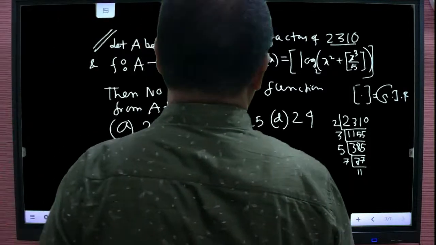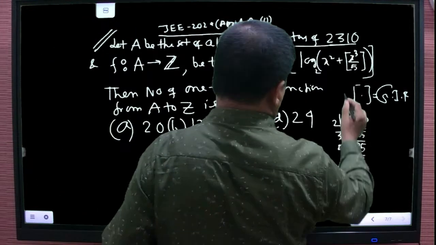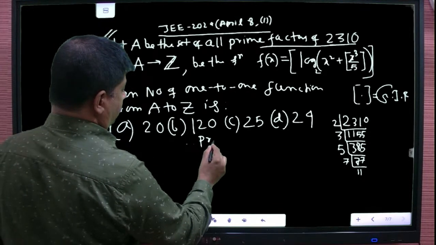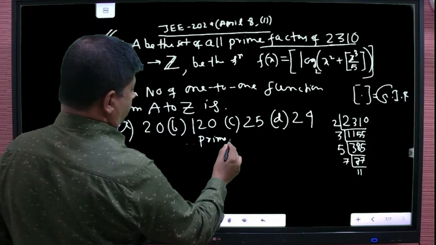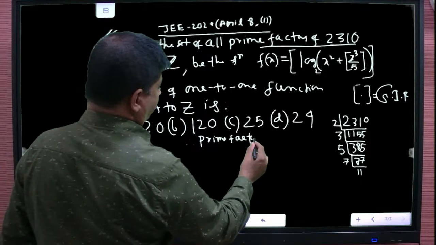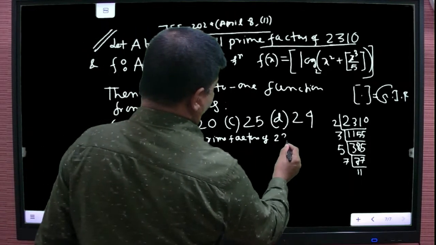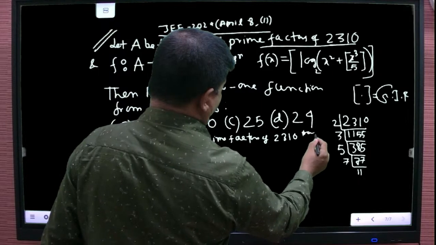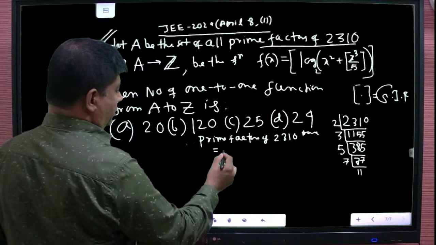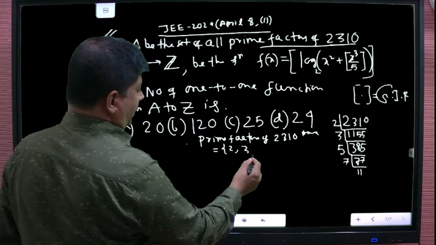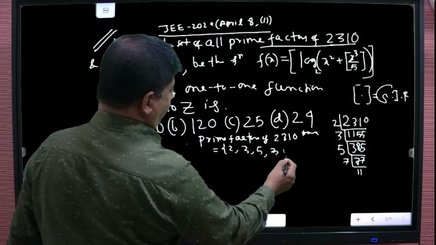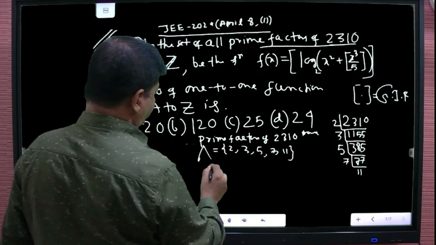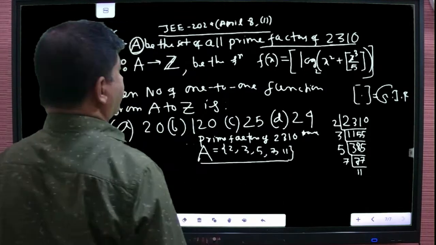See, A is the set of all prime factors of this. So therefore I can write, prime factors of 2310 are 2, 3, 5, 7, 11, and that is A given in the question.